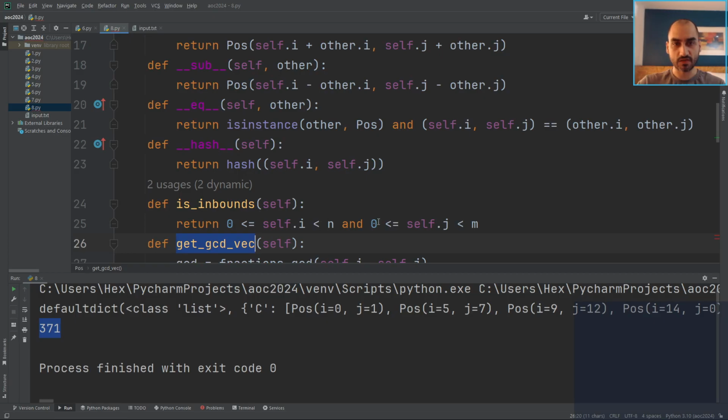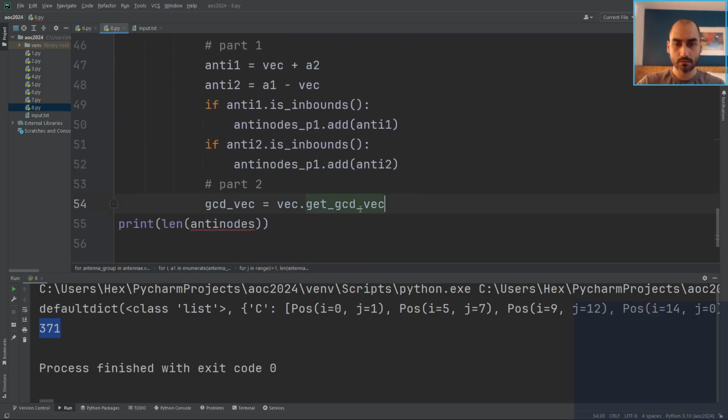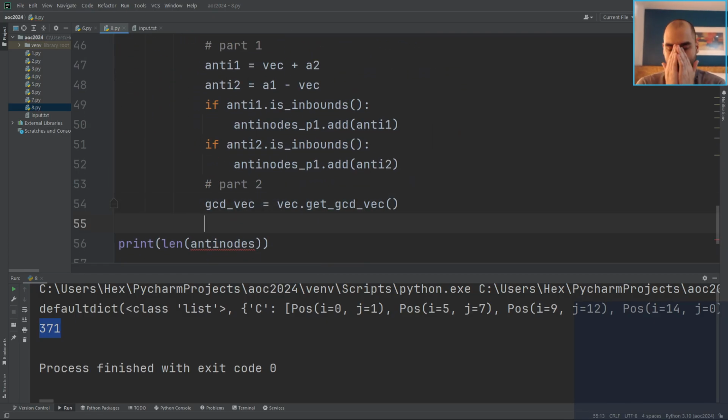Get GCD vec. So now we just take A2 and we just keep adding GCD vecs until we go out of bounds. And then A1 and we keep subtracting GCD vecs. Is this correct? Feels right.